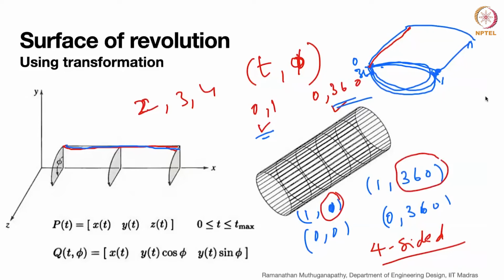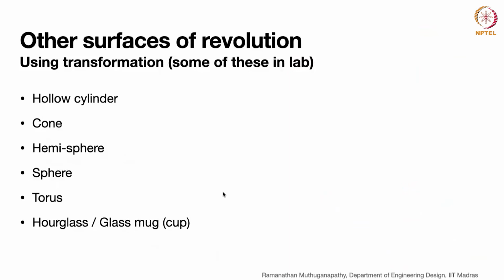In a similar way, you have 0 and 1 on the other parameter, T. So even though we don't see it explicitly, this is also a four-sided patch. Don't forget that. Just because we don't see it doesn't mean we don't have it.